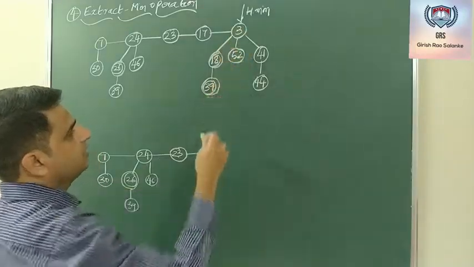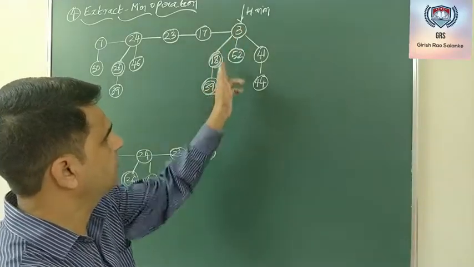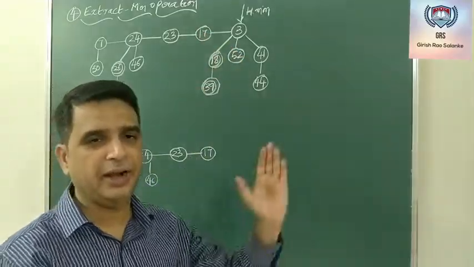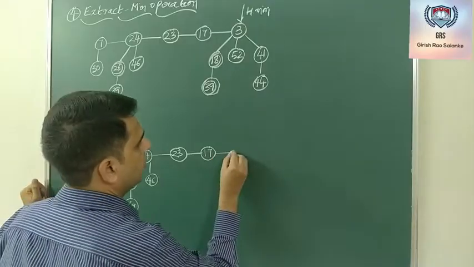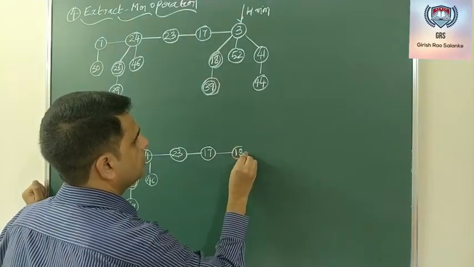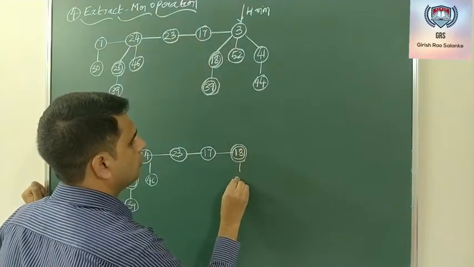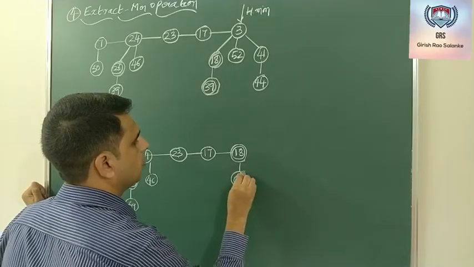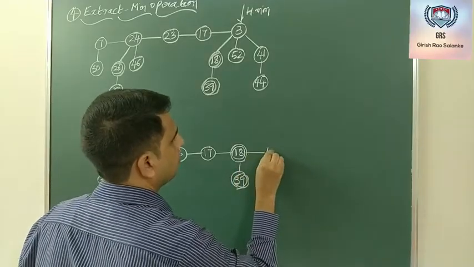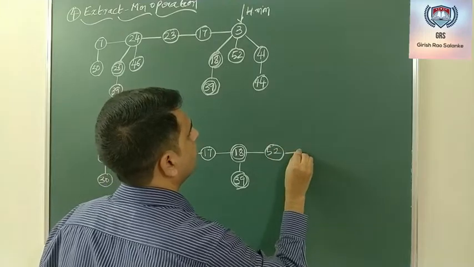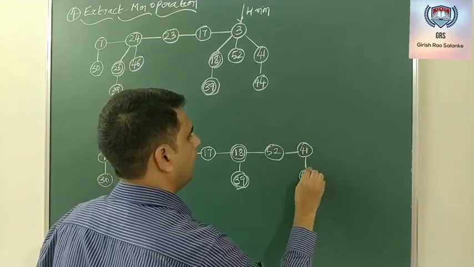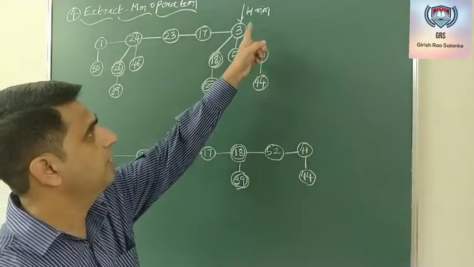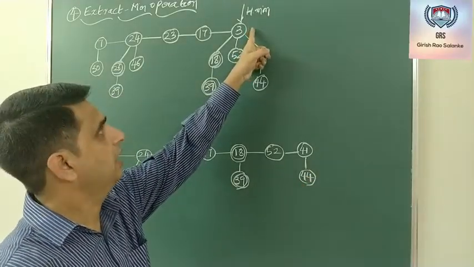Now after deleting this 3, the children of this 3 needs to be upgraded to the root list. It needs to be added to the root list. So now my root list has 18, 39, 52, 41 and 44. And now make this h dot min pointing to the right of 3.